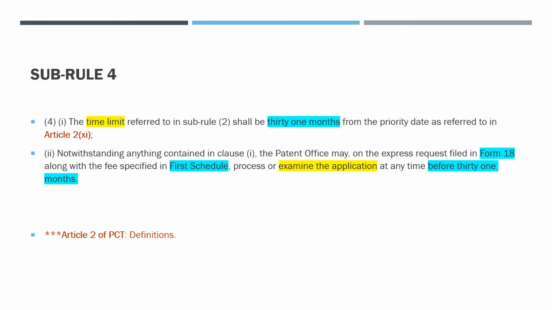That means without opposing anything in clause 1, the patent office may, if a request is filed in form 18 along with the prescribed fees as per the first schedule, process or examine the application at any time before 31 months.